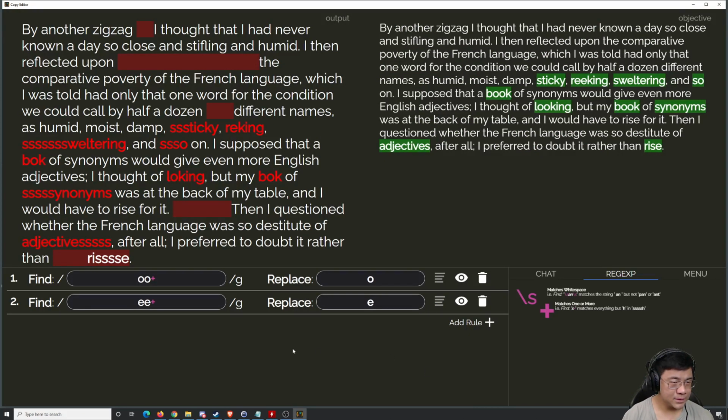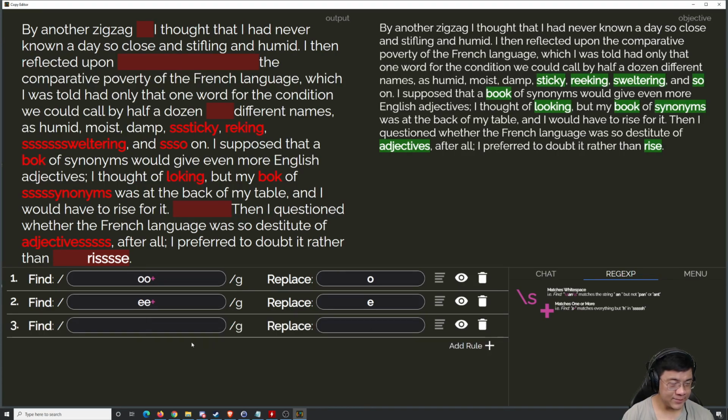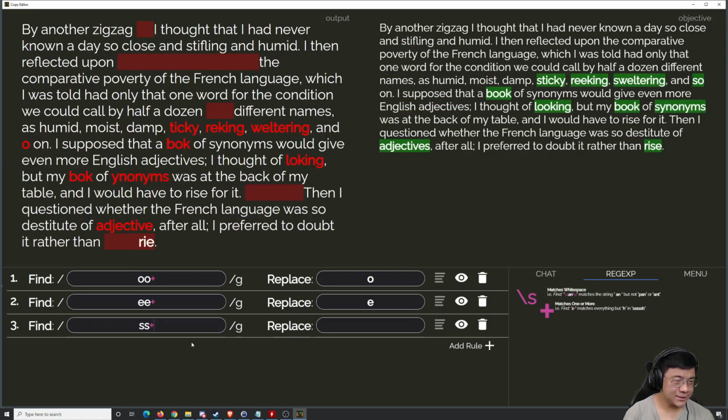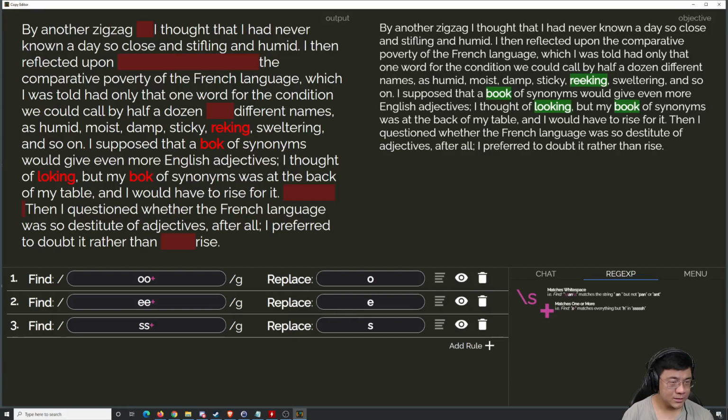Let's do the S's. Oh man, order of operations. Yeah, and then you just have to make the O's 2 O's. Do you have a rule limit again? There's a rule limit.